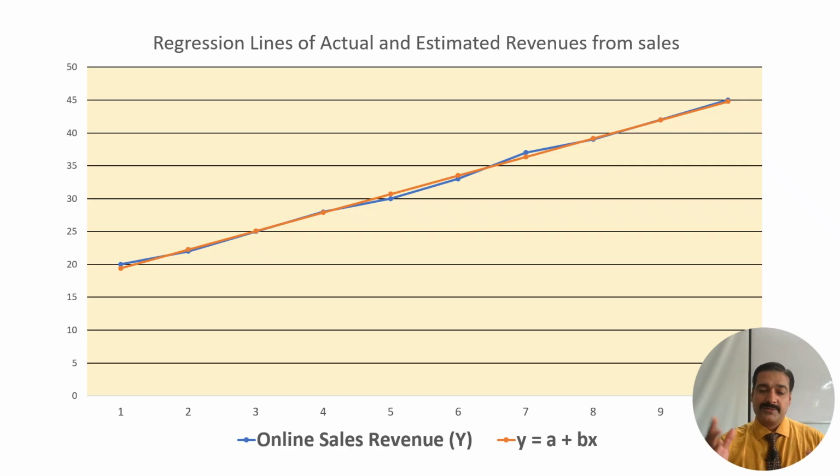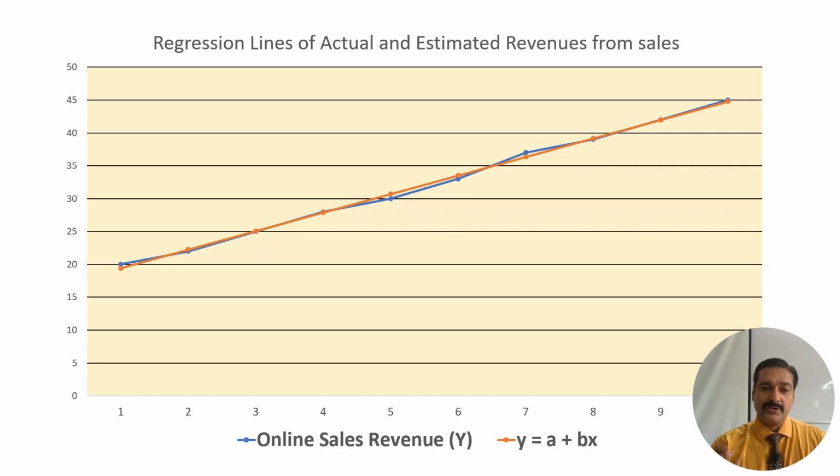If you come back to the problem, it asked whether we can predict the future value. Yes, definitely we can, because we have got a regression model with a positive value of b. There is a high level of regression, so definitely we can predict. In this graph you can also see that in the long term the trend is increasing day by day.